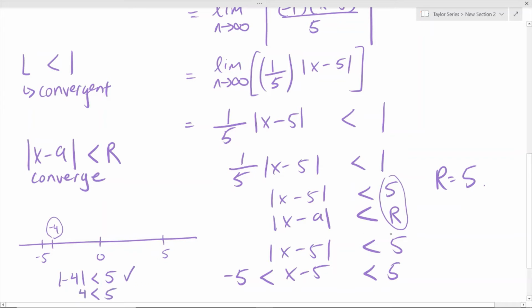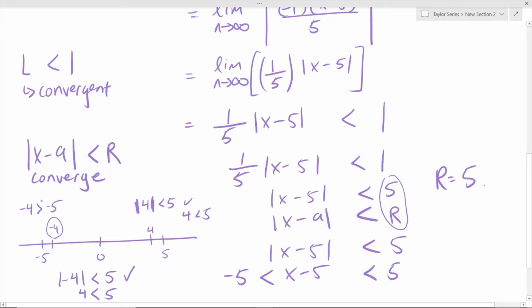You can also say that negative 4 is greater than negative 5, so it works for negative numbers too. Similarly, if the absolute value of x minus 5 is 4, the absolute value of 4 is less than 5, and that is true.